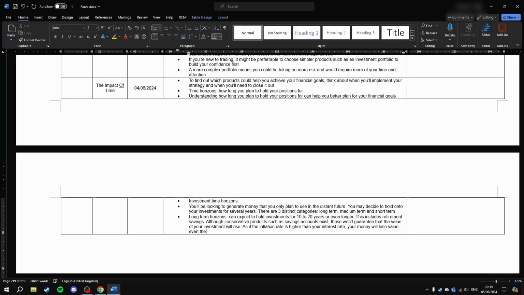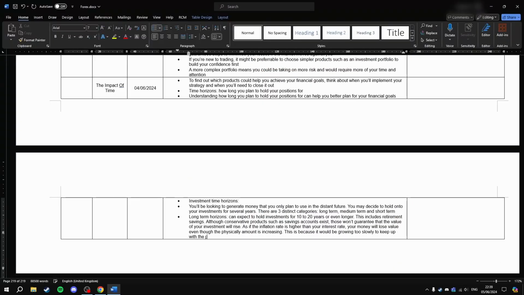Even though the physical amount is increasing, this is because it will be growing too slowly to keep up with the price hikes for everything else.